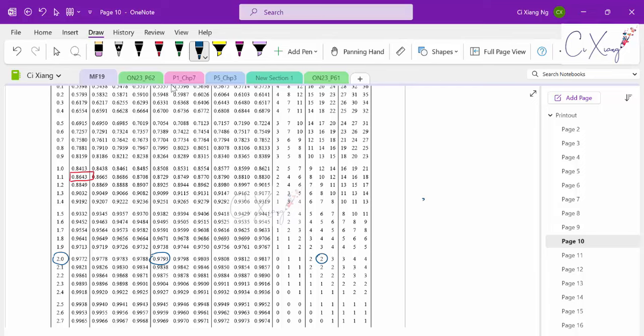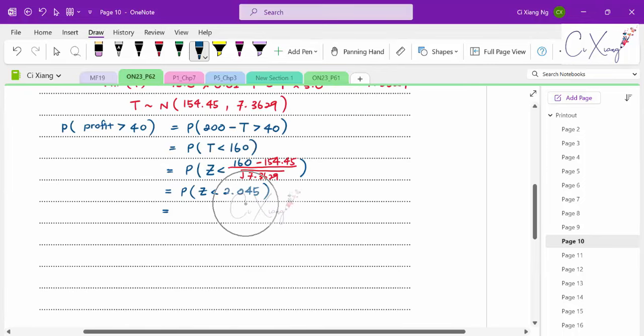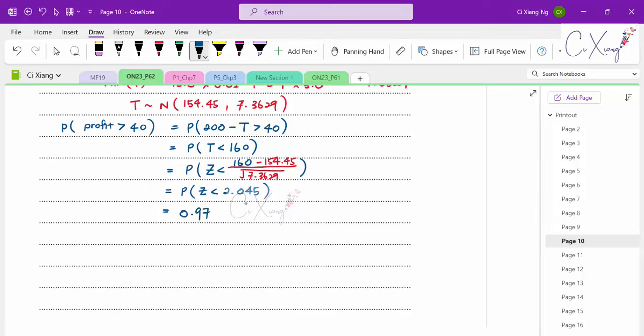So I have to take 9793 plus 2 at the last digit, so you're having 9795. Go back to our question here. Z smaller than 2.045 will be 0.9795, or you can correct it to 3 significant figures, which is 0.980.